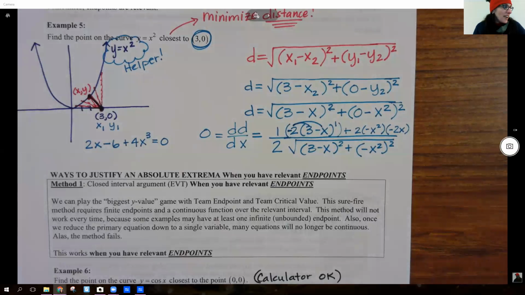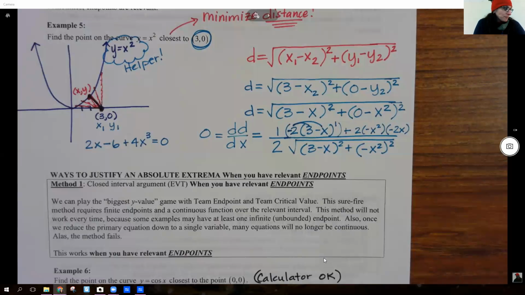I don't think this is going to factor. I don't think that cubic is going to factor. Yeah, the cubic is going to throw that off a little bit.